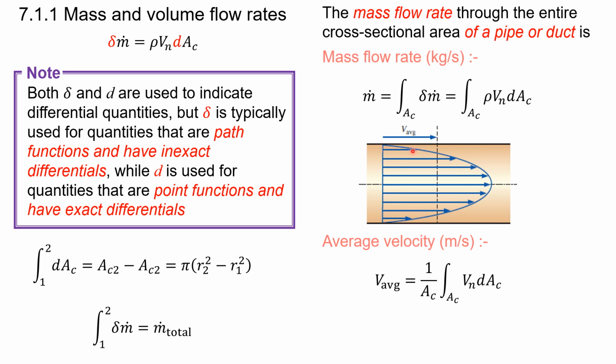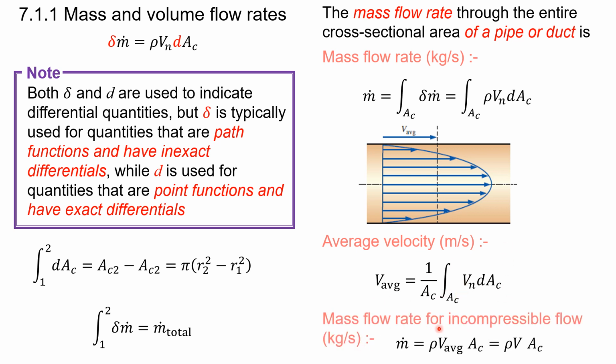So let's say here maybe 10 meter per second, here 12 meter per second, here 15 meter per second. All these lines will have a different velocity. So you need to add up and divide by the number of samples in order to get the average velocity, or you can use this formula.